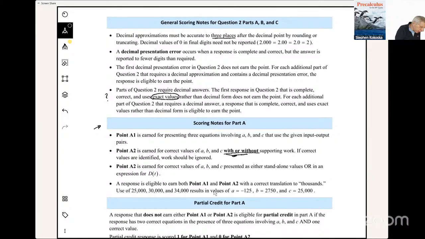This one here you can spend a little bit of time thinking about, but some students, of course, did everything in thousands. And those sort of responses are still eligible to earn both points, but there's got to be some, I think, consistency there. And Steve, yes, please.